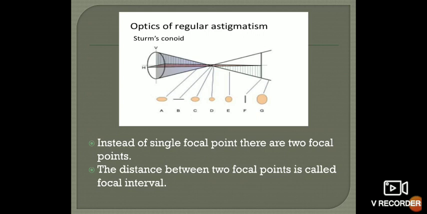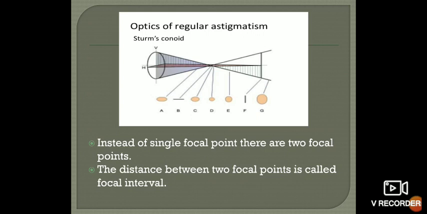Here you can see there is one vertical meridian and one horizontal meridian. In this image, the vertical meridian is more curved, meaning it has more power. So the convergence of these vertical rays is occurring earlier than that of the horizontal rays.